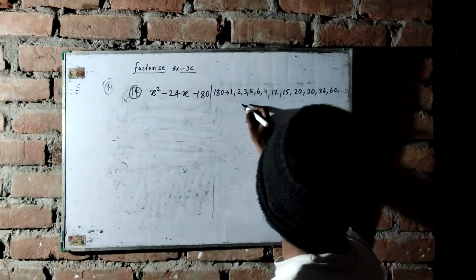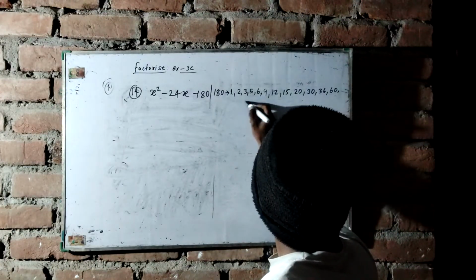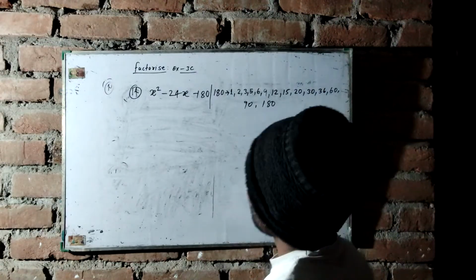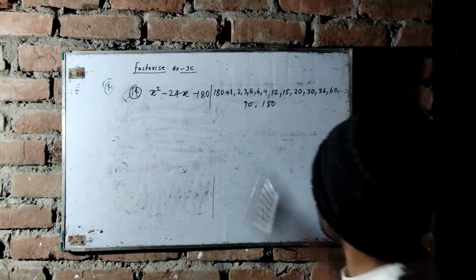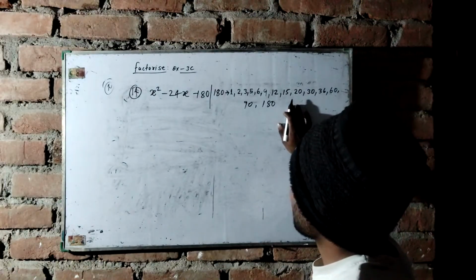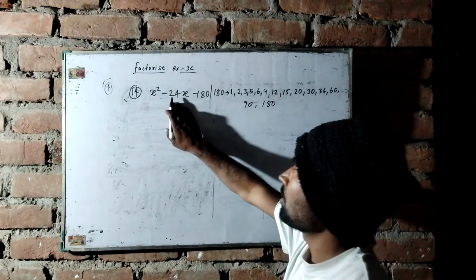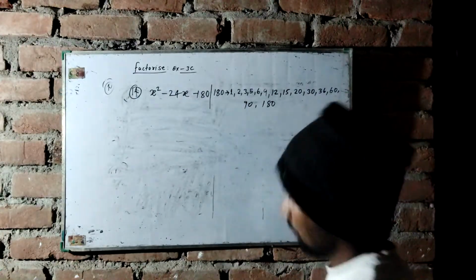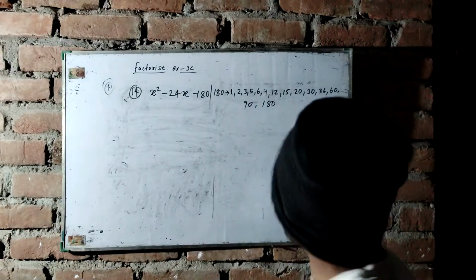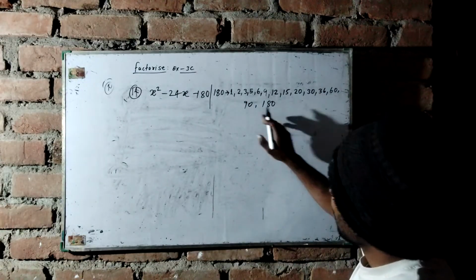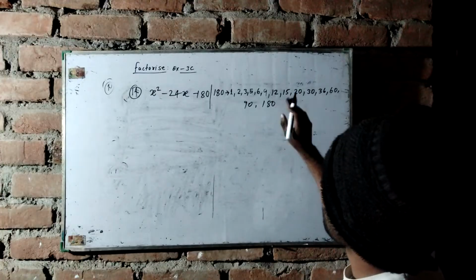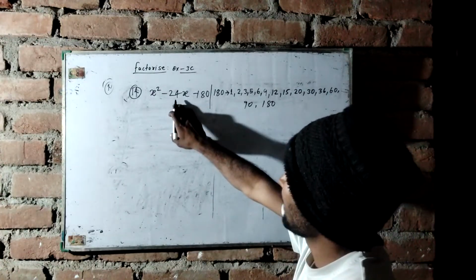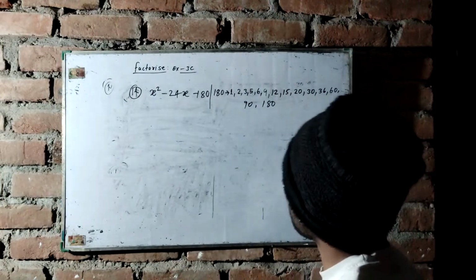And we can write 90 and also we can write 180. Now we have to choose two numbers whose sum or difference will be minus 24 and product will be minus 180. So we need two numbers. Okay, look here and find out two numbers whose sum or difference will be minus 24 and product will be minus 180.